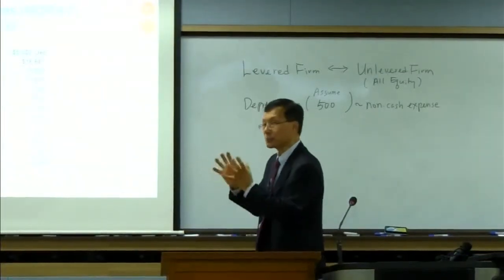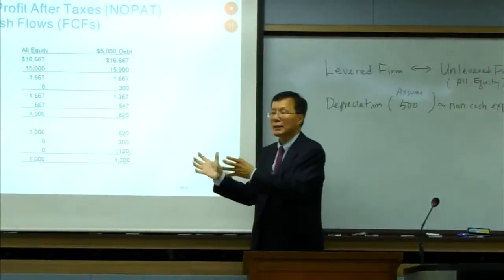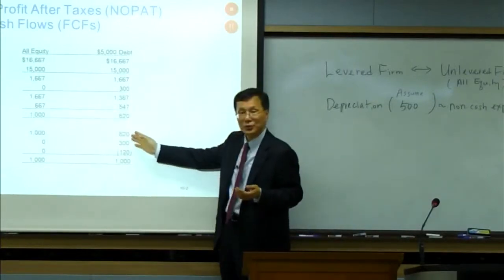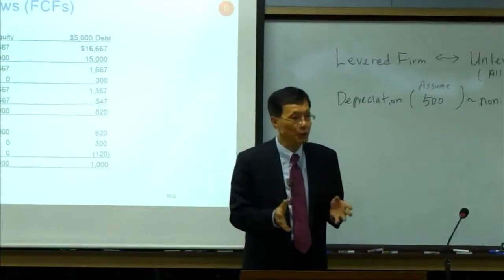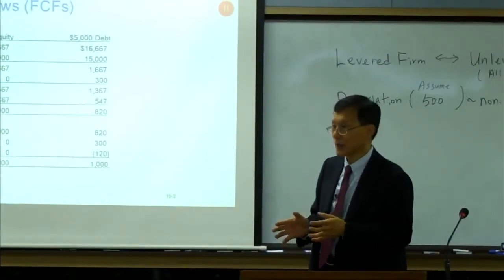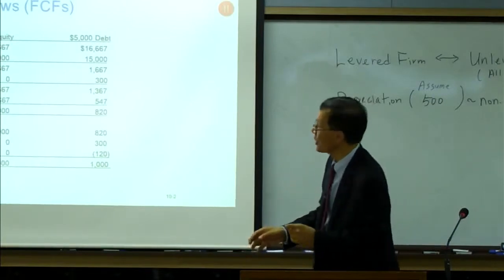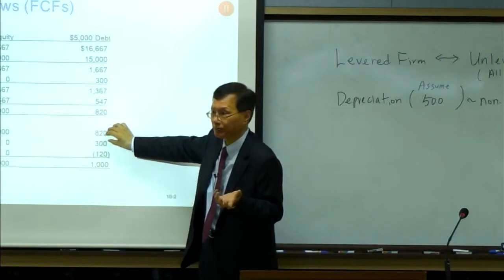That's the profit that will be given to the stockholders. This is the stockholders' claim. Stockholders have a claim of 820. 820 of the company's profit is stockholders' money, stockholders' profit.